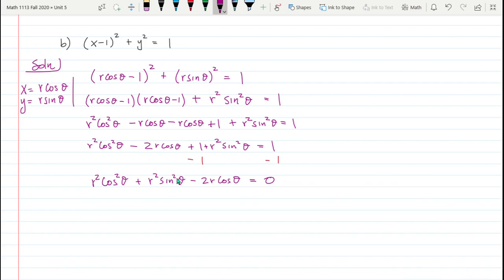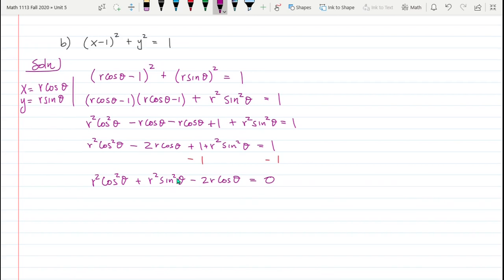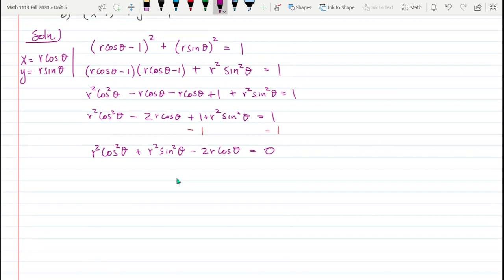Notice how everything has an r. And at least these two right here are going to be important.